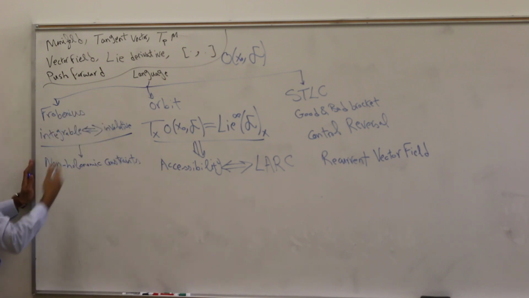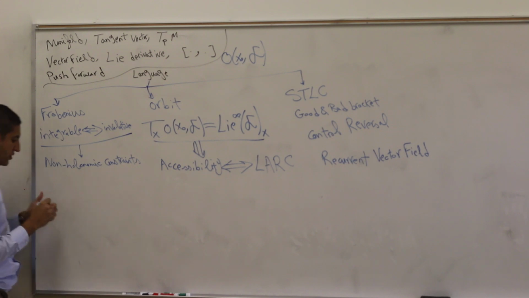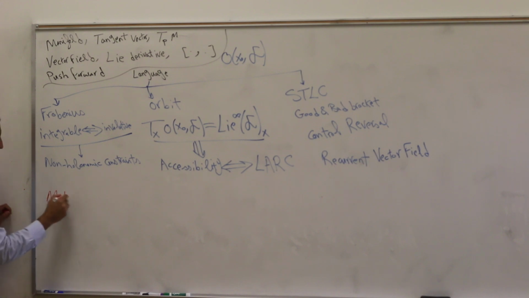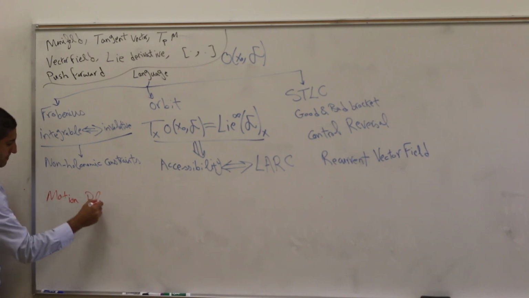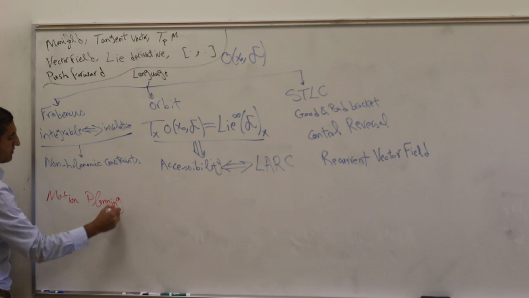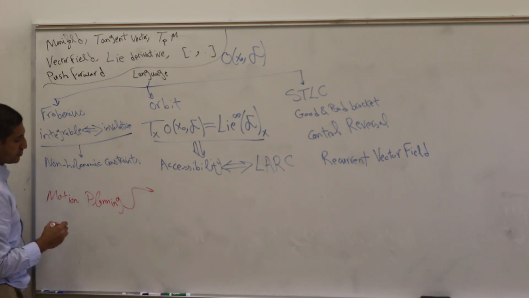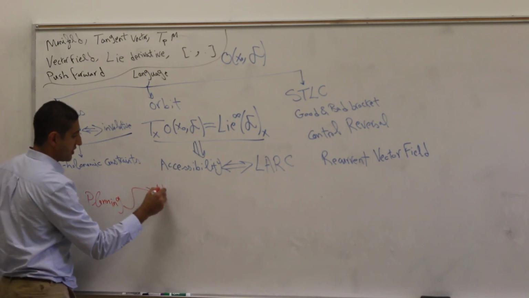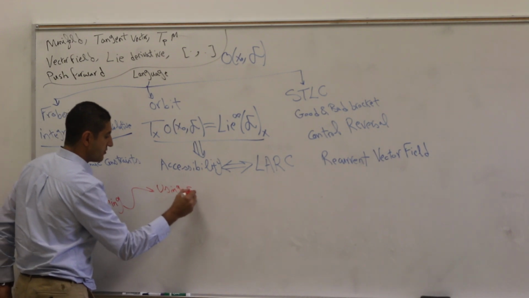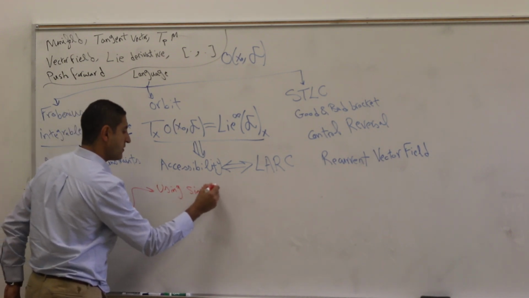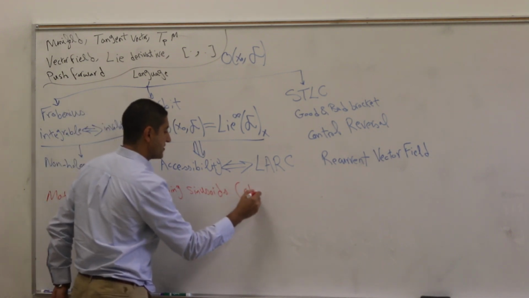And after characterizing controllability, we talked about motion planning, right? So this is motion planning. We talked about the chain system, so this is steering using sinusoids, chain systems.